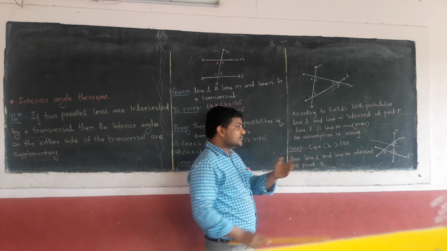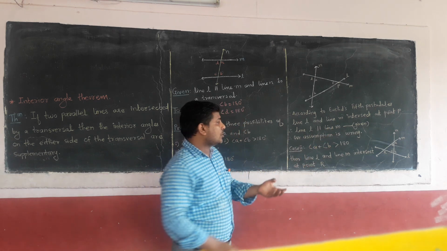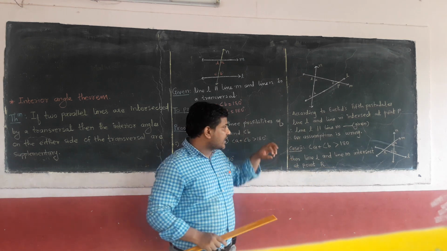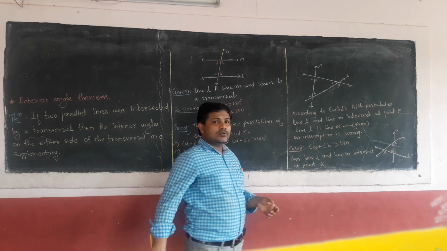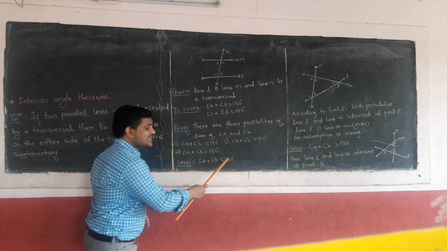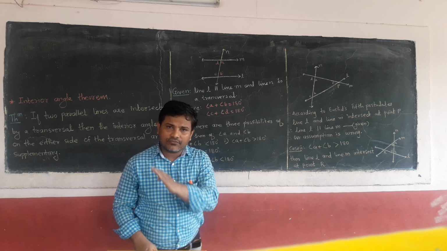But what is given? Line L and line M are parallel. Whatever we have assumed and whatever is given, these two concepts are contrary to each other, means their ideas are opposite to each other. So our assumption is wrong. What is wrong? What we have considered, A plus B is less than 180, is wrong. Means case 1 fails.